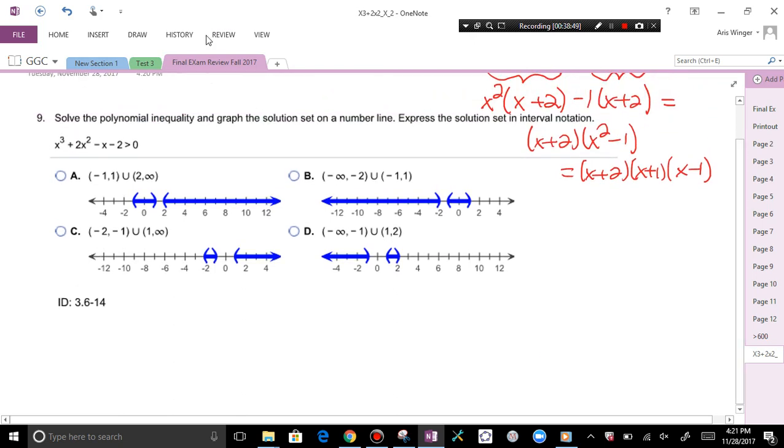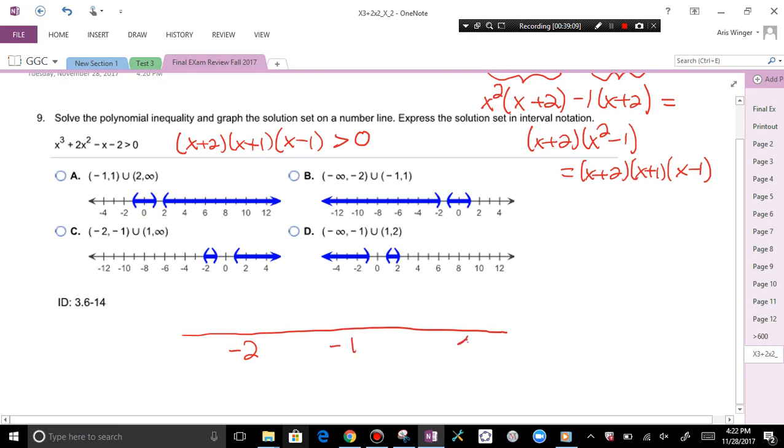So this is really asking, when is x plus 2 times x plus 1 times x minus 1 bigger than 0? To do this, you'll need to create a number line with -2, -1, and +1.